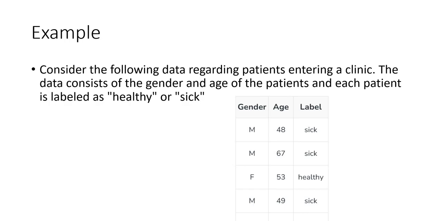So let us look at the table carefully. Each row represents one patient. For example, the first patient is male, 48 years old and labeled as sick.